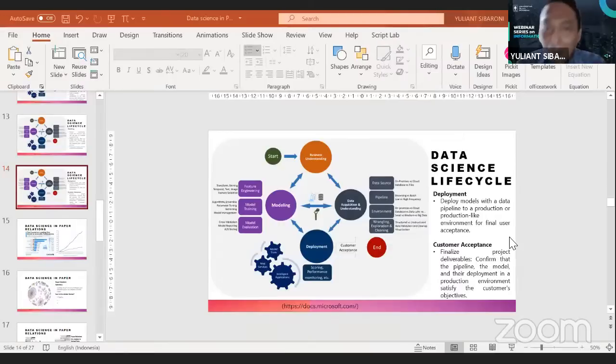I think it's more efficient than using a manual approach to handle this problem. I think the benefit is like that. Maybe the accuracy that we get in the model is not 100%, but about 80% or 90% accurate.